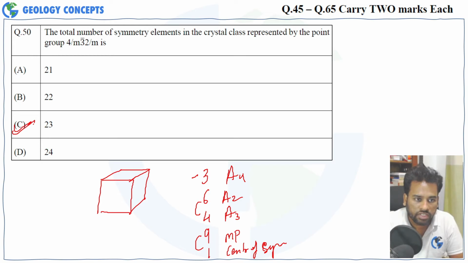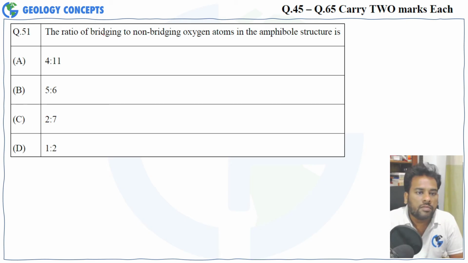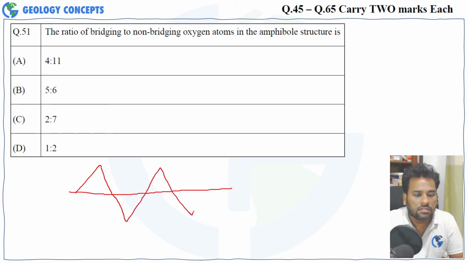23 symmetry elements. The ratio of bridging to non-bridging oxygen atoms in the amphibole structure. If we look at an amphibole structure, it is like this: a double chain silicate, which goes on like this.